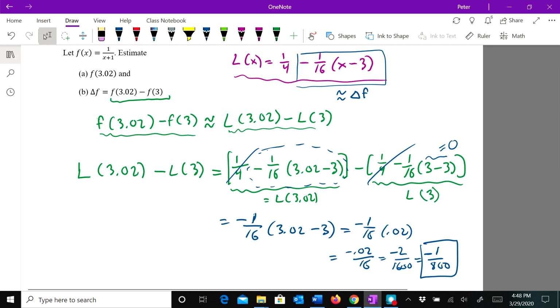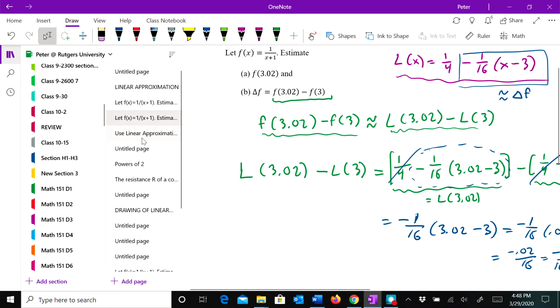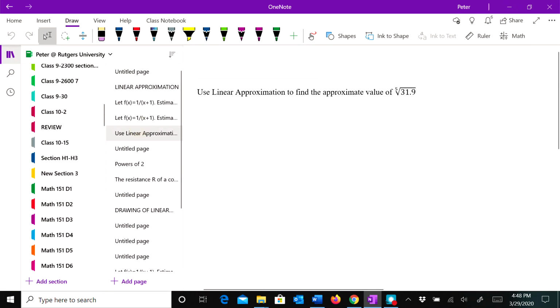Okay. Let's go on to the next example. So use linear approximation to find the approximate value of the fifth root of 31.9. Okay.